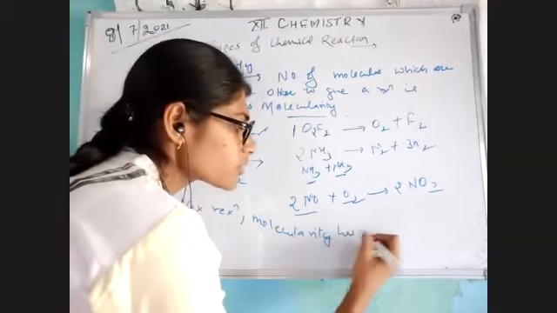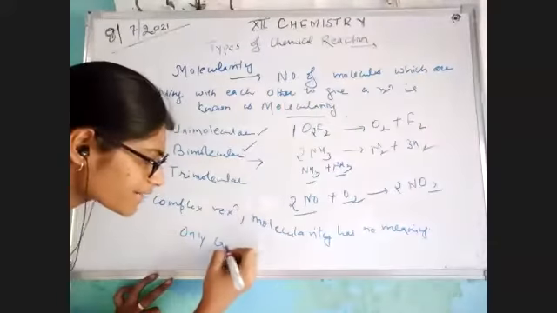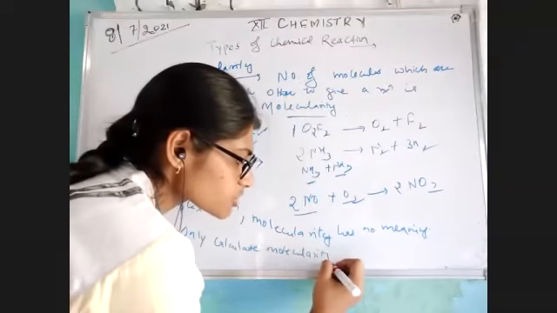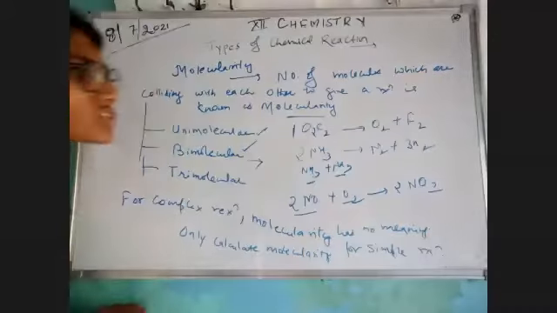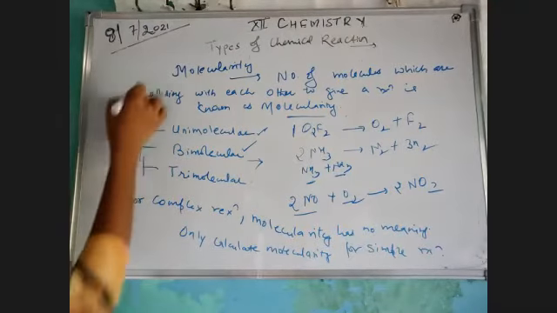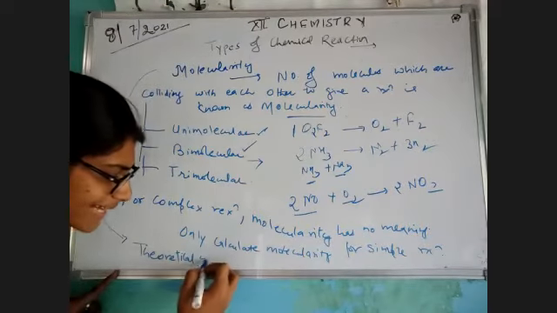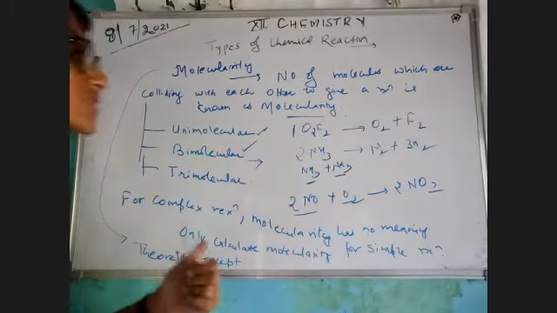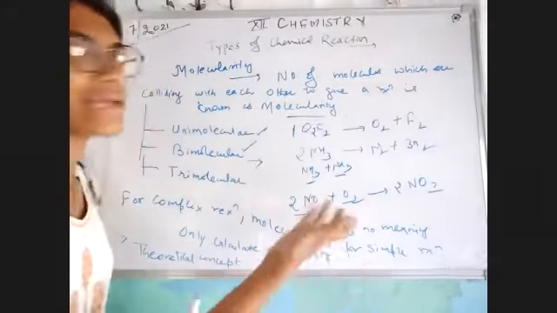That means we can only calculate molecularity for simple or elementary reaction. So from this point, I can easily say molecularity is a theoretical concept rather than the order. Order was totally experimental, but molecularity is a theoretical concept, where we just see the chemical reaction and we tell, yes, this is my molecularity.